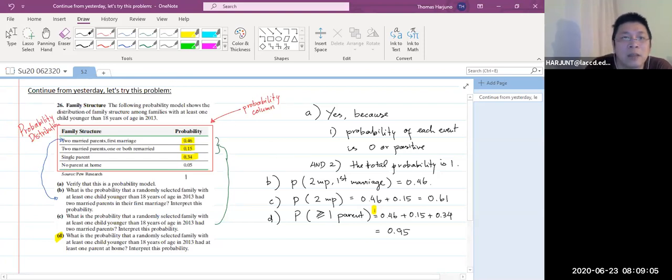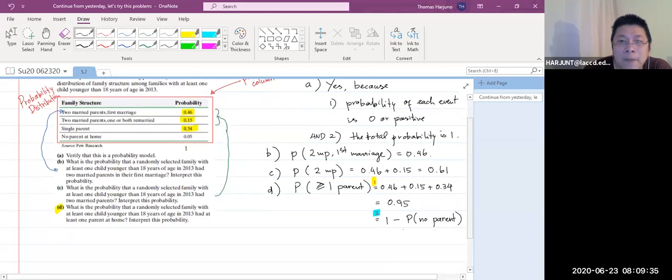The second method is what our friend said. The second method, using the complement. Using the complement, that is 1 minus the probability of no parent. Now, if you read 5.3, then you will see this is what we can do.